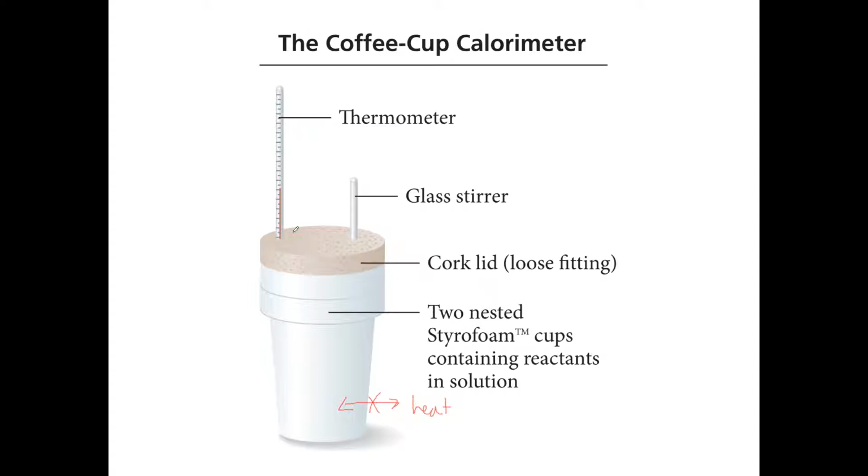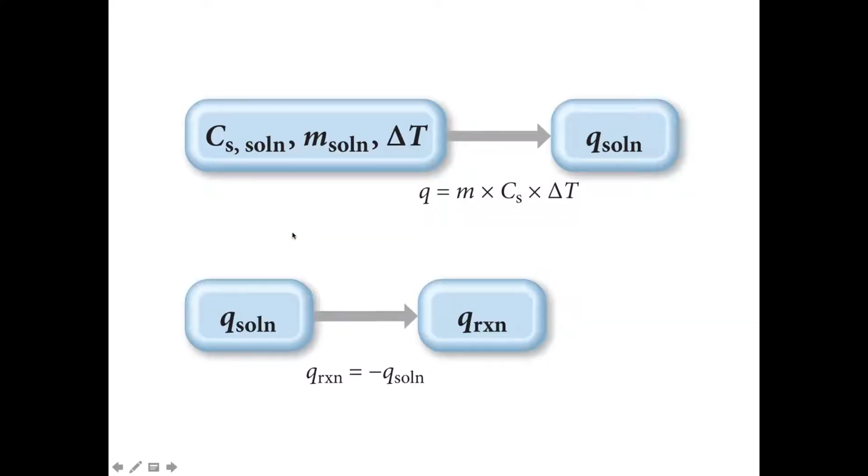Now, in a coffee cup calorimeter, what we're going to be doing is changing the temperature of the solution, right? So we've got some solution inside, and inside the solution is a reaction, right?